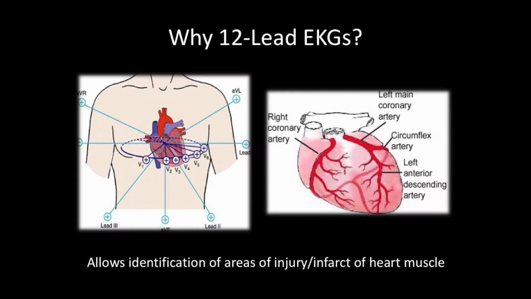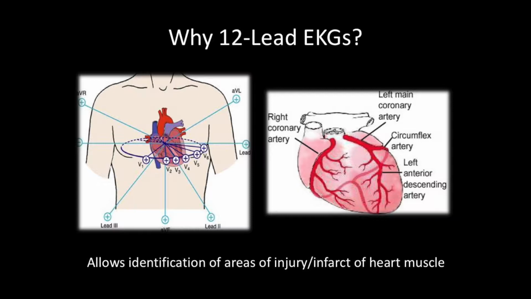That is what this picture here is supposed to show. So as these multiple leads are applied, they're looking at the heart from different positions. Looking at the heart from different positions allows you to identify issues with different portions of the coronary artery structures. The right coronary, the left coronary, etc.